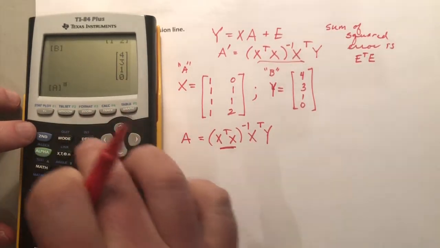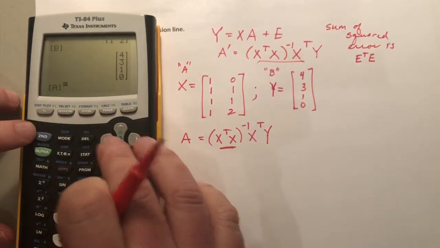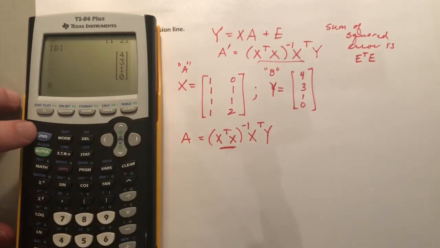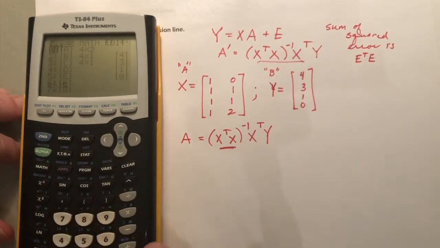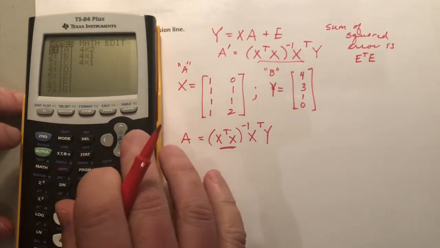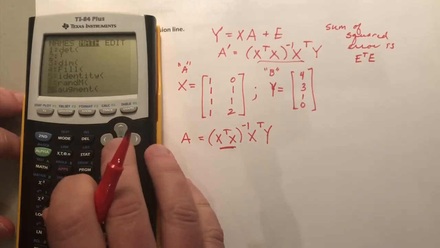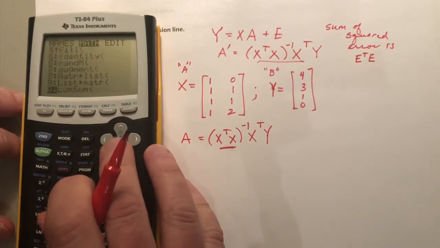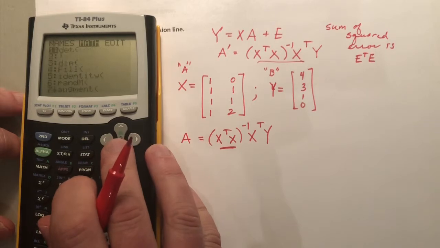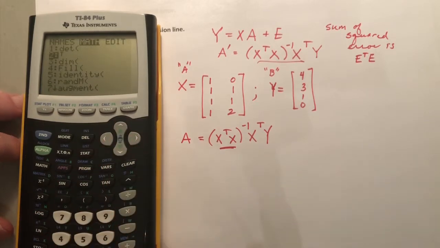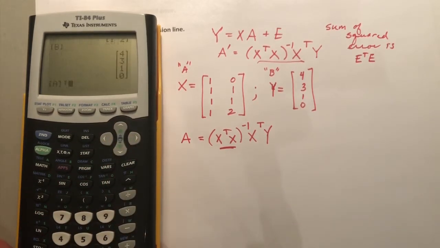So matrix A, and now second matrix gets me to the math menu for matrices, and 2 is the transpose.